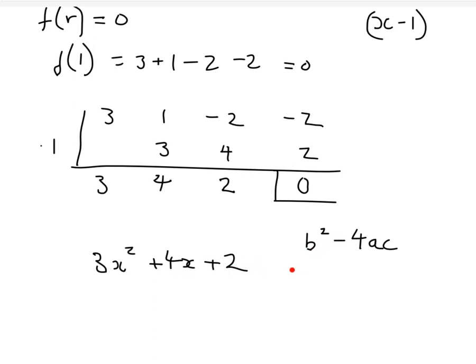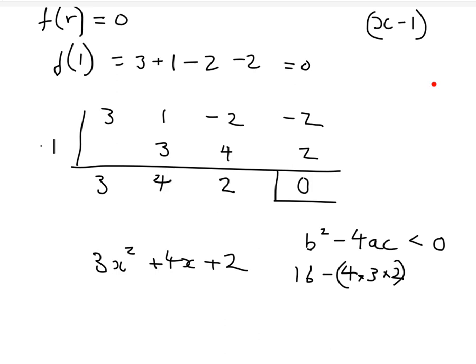So we have b squared, which is 4 squared, 16, take away 4 times 3 times 2. Well, immediately I can see that 4 3s are 12 times 2 is 24. So this is going to end up being less than 0. So I can't factorize this.